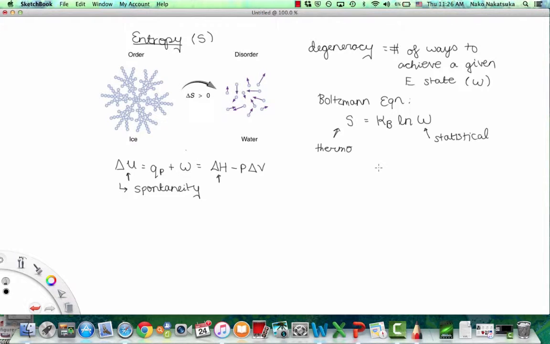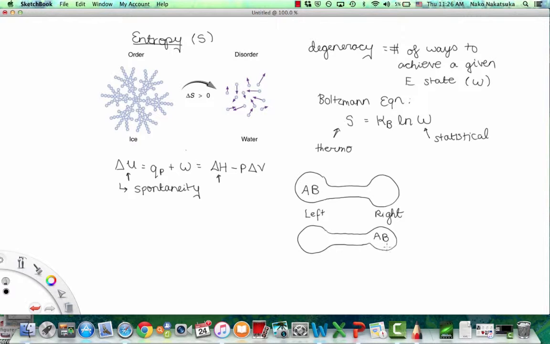And so when we calculate the degeneracy, let me show you an example of that. So I'm going to draw out a flask like so. And let's say there's two molecules in a flask with two equivalent same energy states on the left and on the right. And so in this flask, there's two spots in which these two molecules can be distributed. So the first arrangement can be A and B in the same left state, right? What could another arrangement be? We could have A and B both in the right.